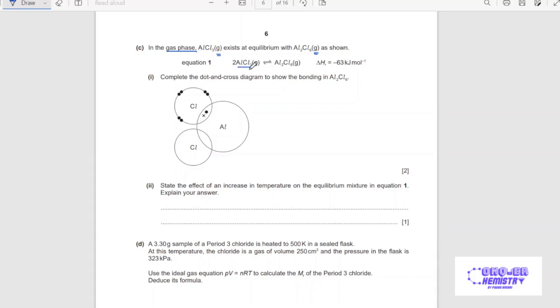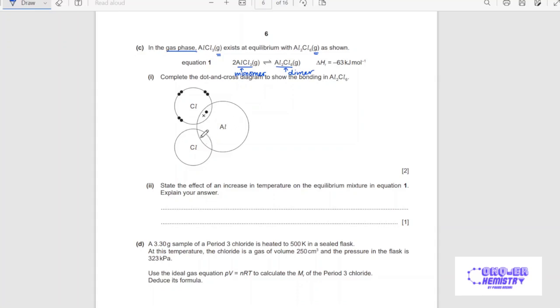So you have these 2 smaller units, we call them monomers. And when 2 monomers combine, you get a dimer, right? Al2Cl6 is a dimer.